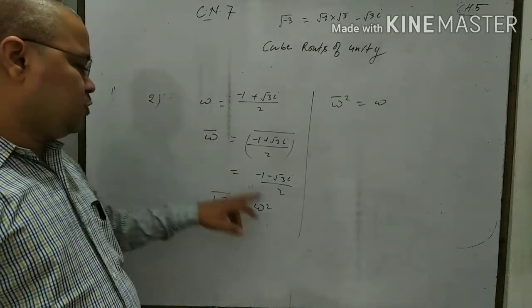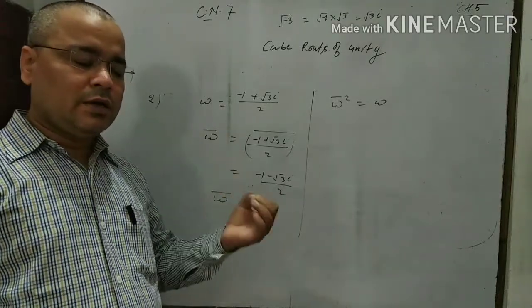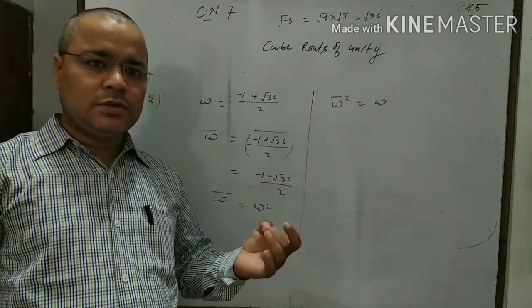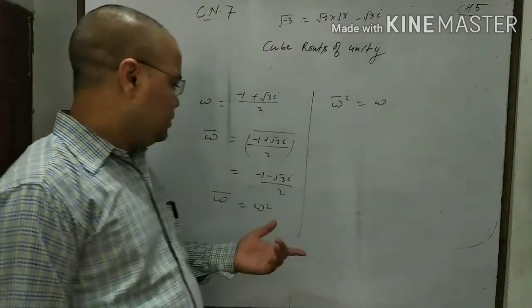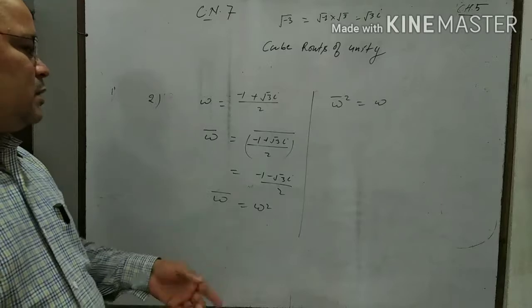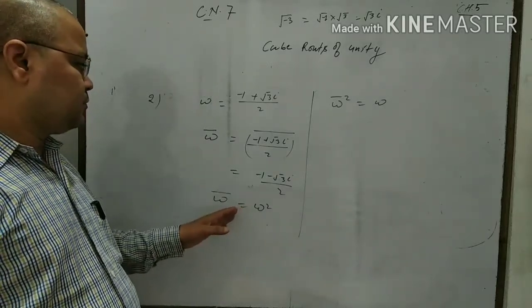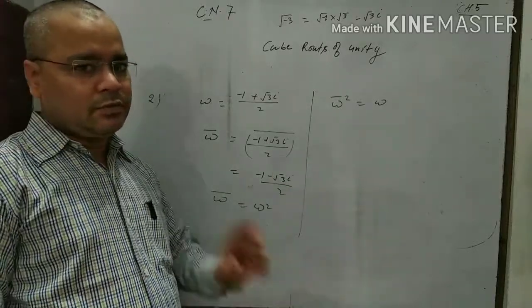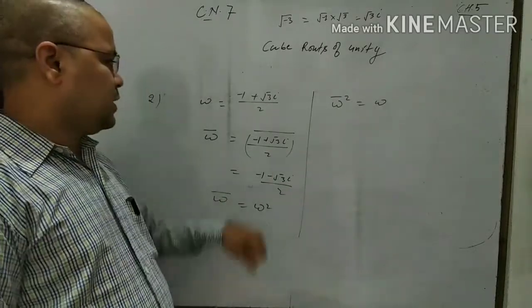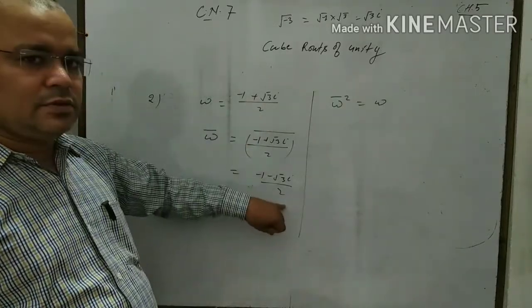So this is the second property. Conjugate of omega is equal to omega square, means conjugate of one non-real root of unity is equal to the third root. First root is 1, second is this, and the third is this, the conjugate of this one.